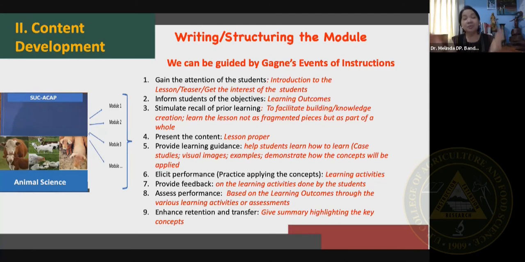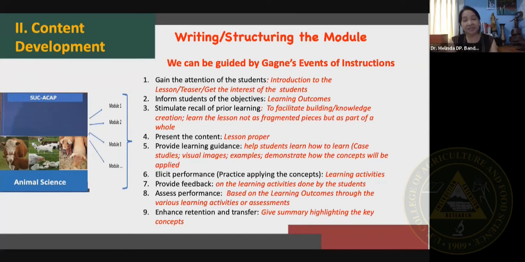What principles, what concepts will apply for that particular situation? Ganon. Or bakit pagka nag-abono ka, naglagay ka ng konting fertilizer doon, kailangan didiligin mo, pero huwag mong didiligin na masyadong marami. Mga ganyan. So, may mga ganong cases tayo which we can use to gain the attention of our students.